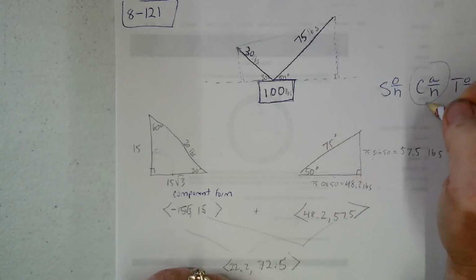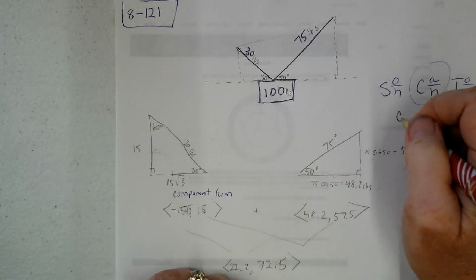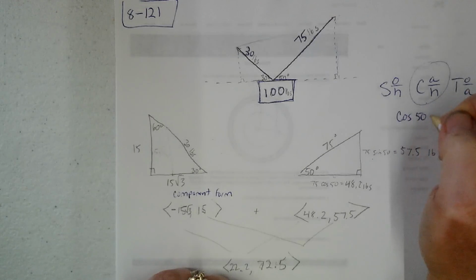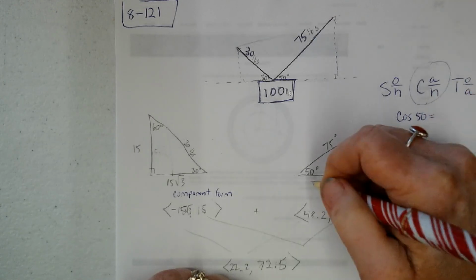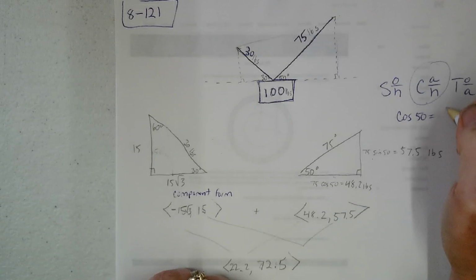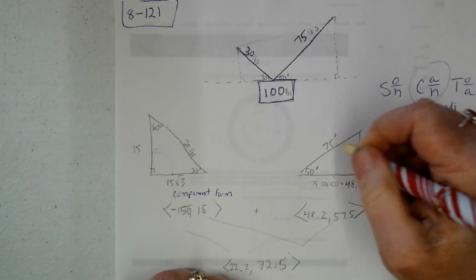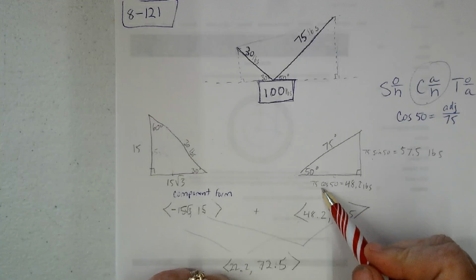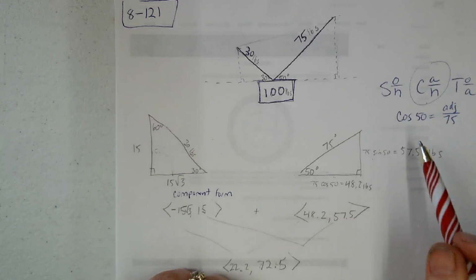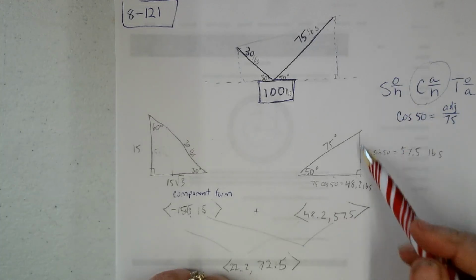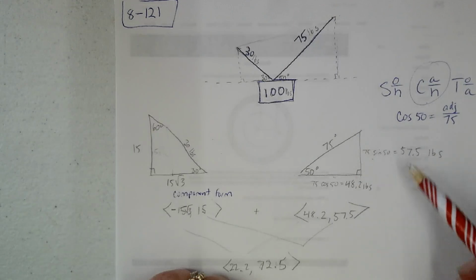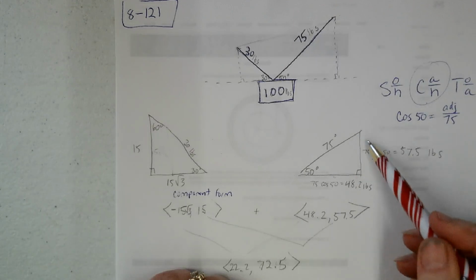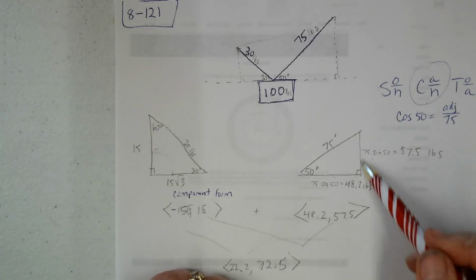I said cosine of 50 equals adjacent, which is the thing I want, over hypotenuse, but the hypotenuse is 75. If I multiply both sides by 75, I get 75 cosine 50. Likewise, you do the same exact thing with sine to get this vertical component, and 70 sine of 50 will give you this side length.